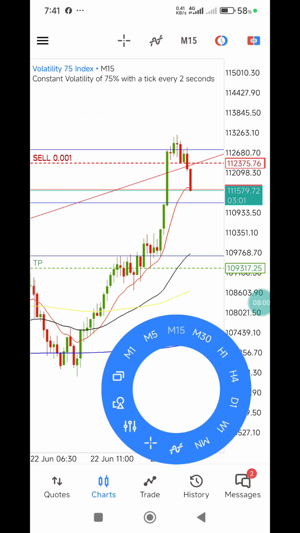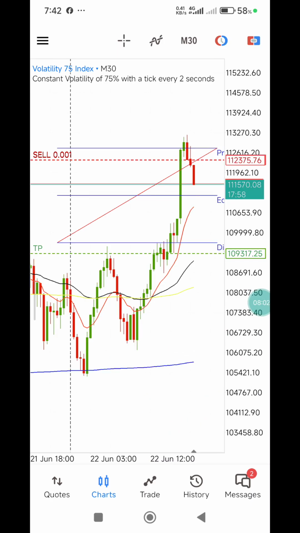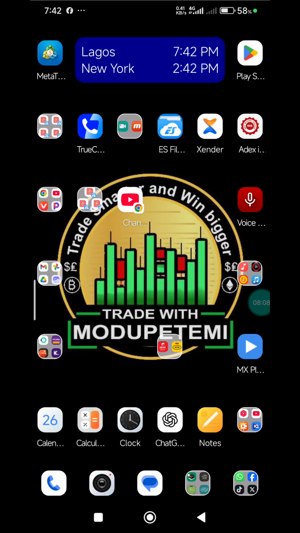And this trade now, I might be closing it earlier. Why? Because the normal official trading time that I trade, we are close to it already. Look at my time. This is 2:42 a.m. So ideally by 5 p.m. Eastern time, we are meant to stop trading.